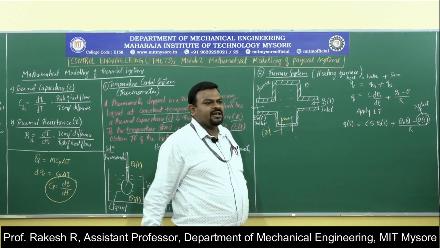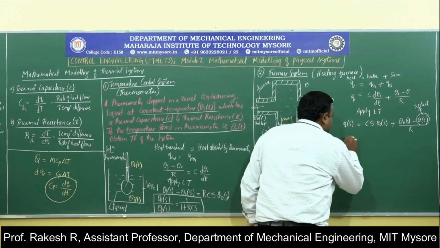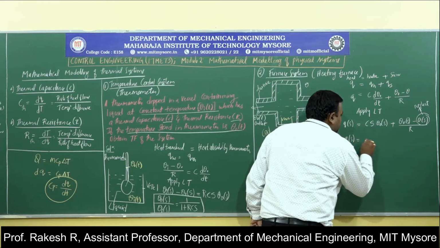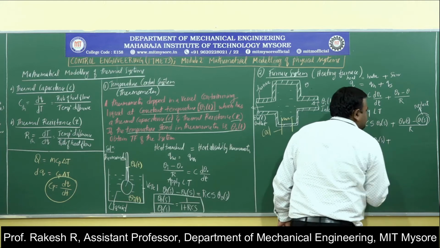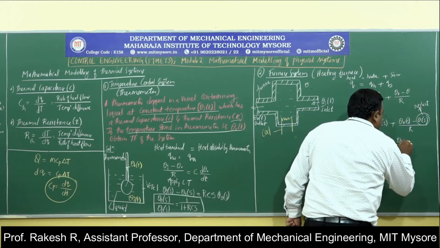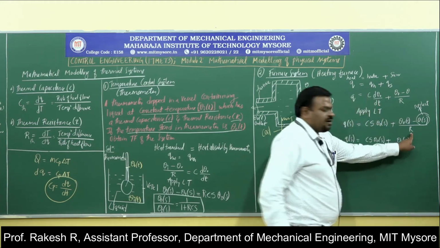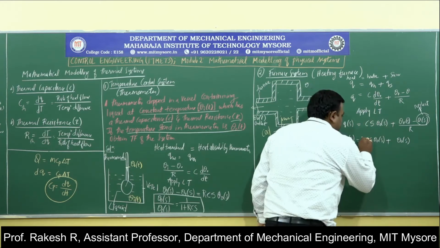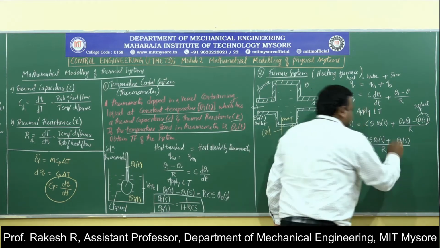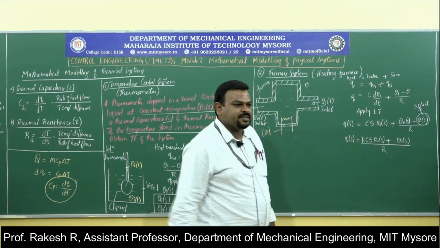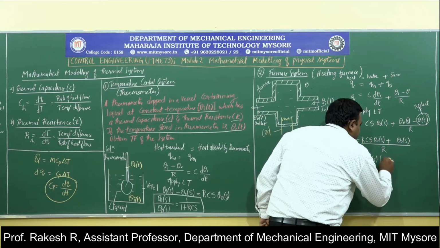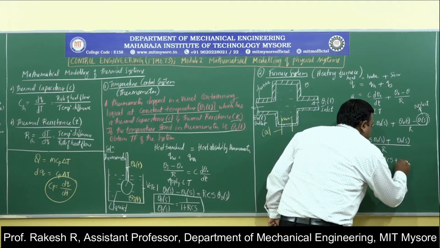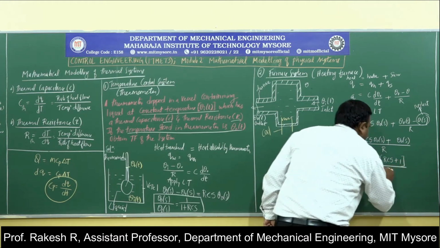So rearrange this. Q of S equals Cs theta naught of S plus theta naught of S divided by R. Here theta naught of S is taken as common: theta naught of S times (R Cs plus 1) divided by R.